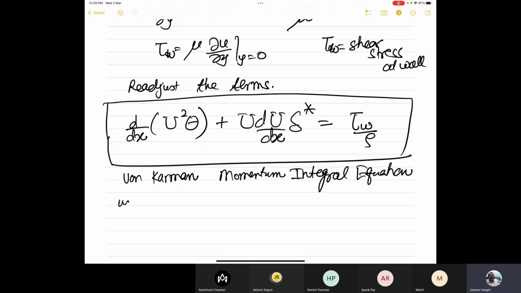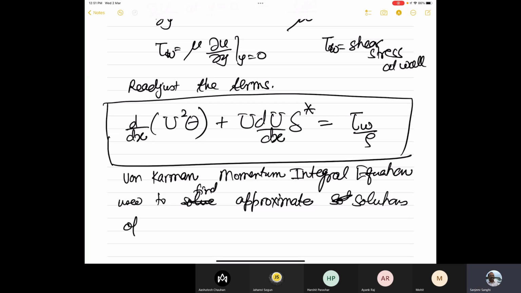And this is used to find approximate solutions of the boundary layer equations.